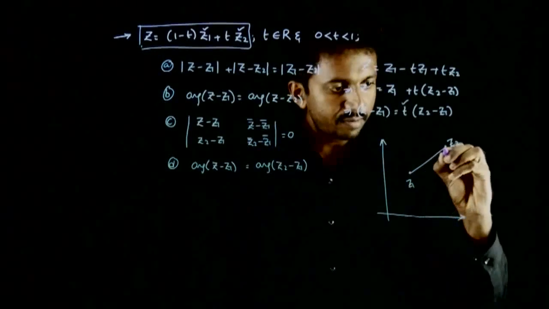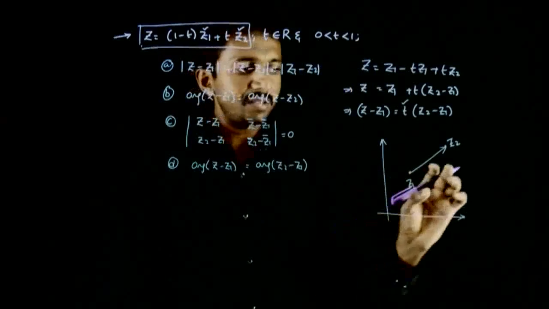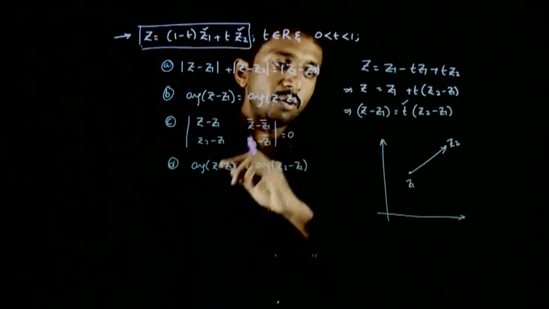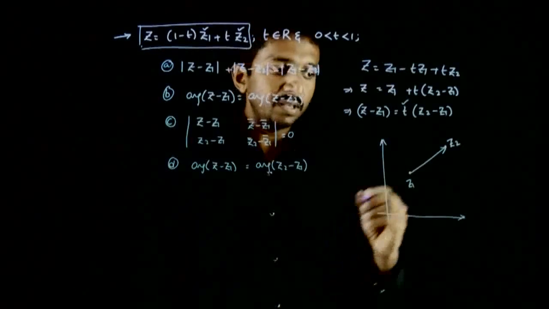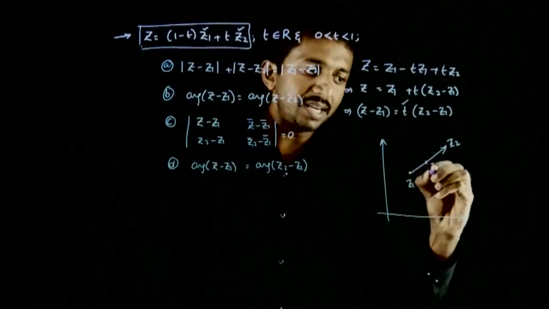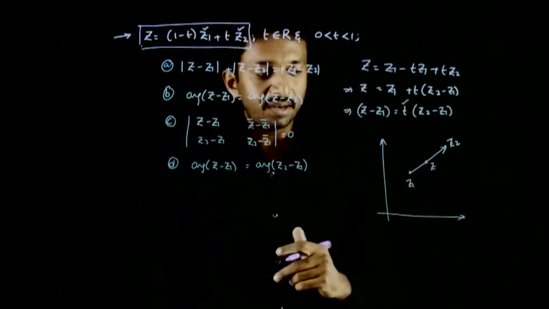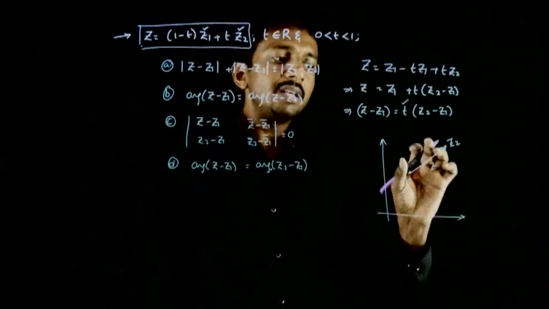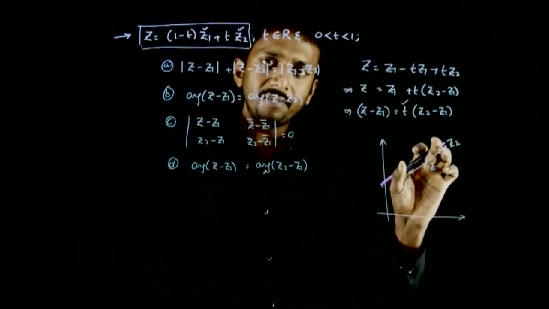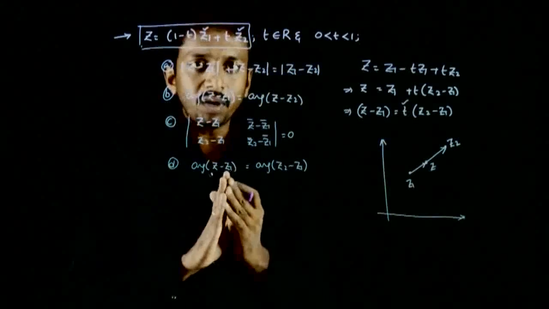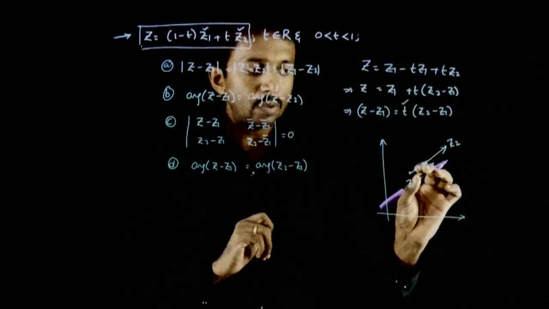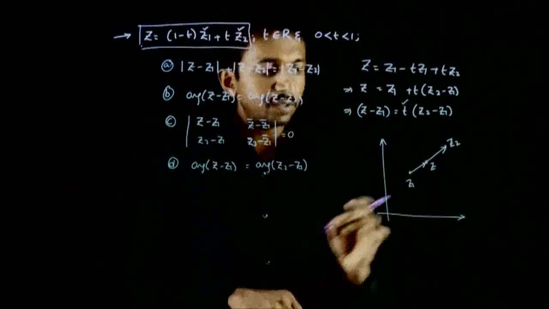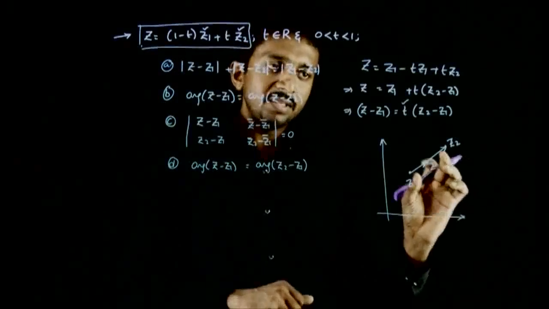Now z has to be a complex number such that joining z1 to z gives a vector in the same direction. So if z lies on the same line, the vector from z1 to z is some real number times this vector, and since t is between 0 and 1, its magnitude is always smaller. So z cannot go beyond z2. z has to lie between z1 and z2 for this condition to be valid.